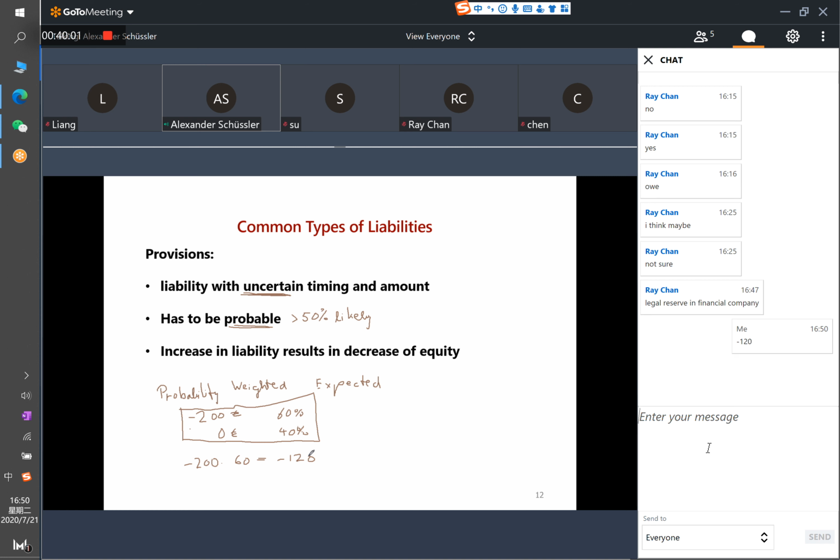This is the probability weighted expected value: minus 120 euro. Very good.